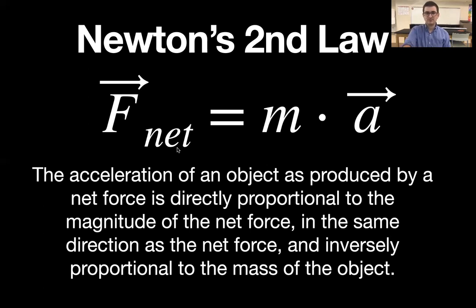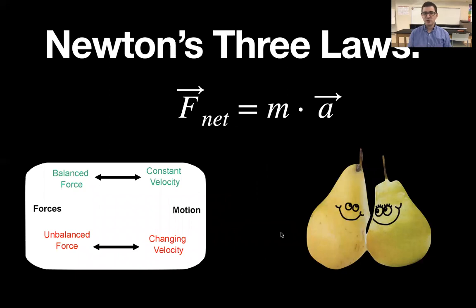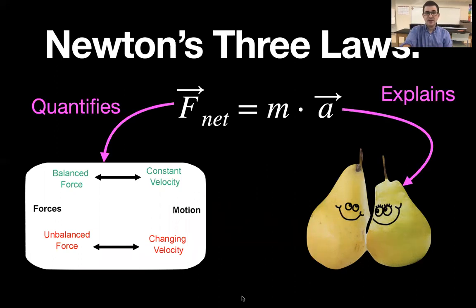So here, these are the three laws, Newton's first law, second law, and third law, in visual form. We have balanced forces equals constant velocity, net force equals the mass times the acceleration, and the paired forces law. I love this because Newton's second law, to me, really ties everything together.